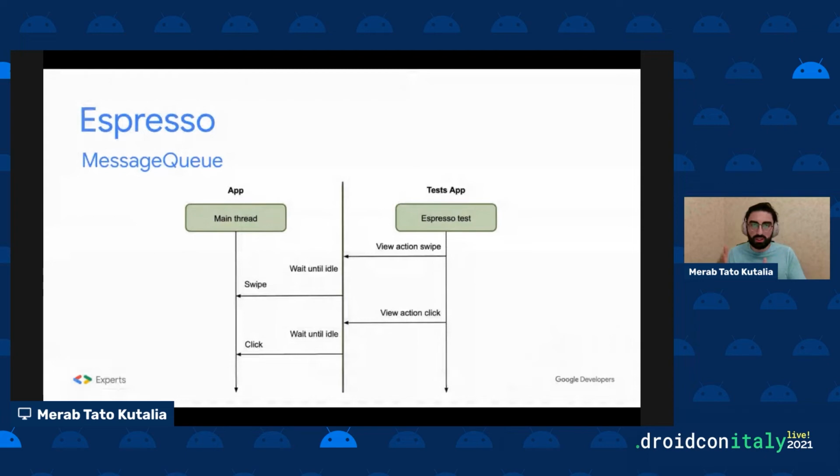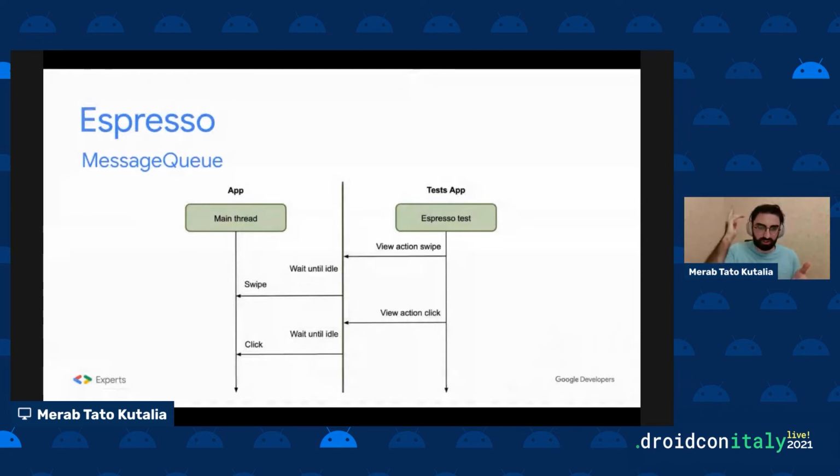When you click some button, the application puts this into the queue, the looper, and it needs to be finished before any other action starts. So if there's some kind of operation already waiting in the message queue, it should be finished to start the new action from Espresso.